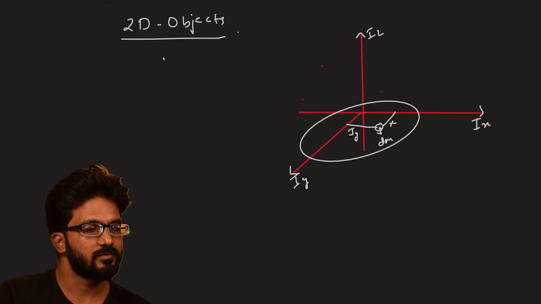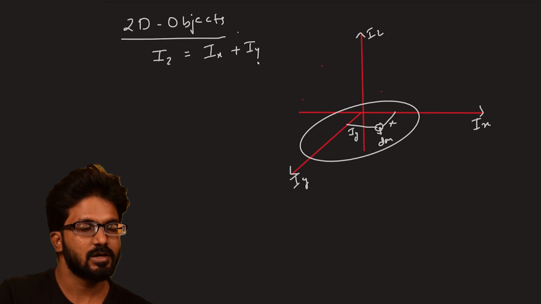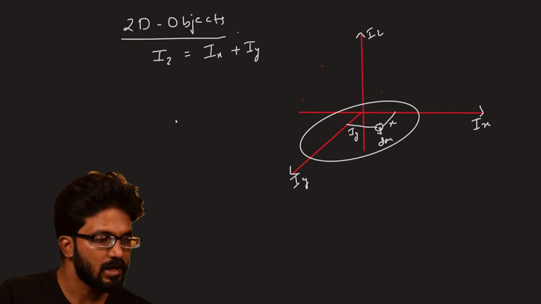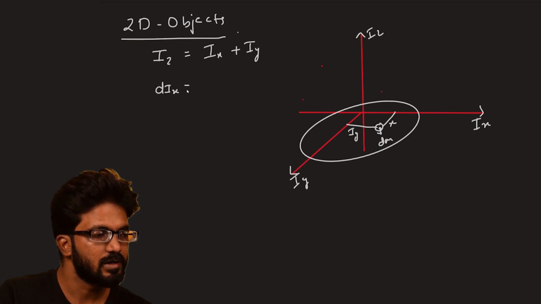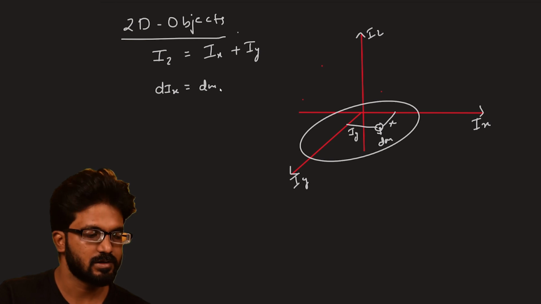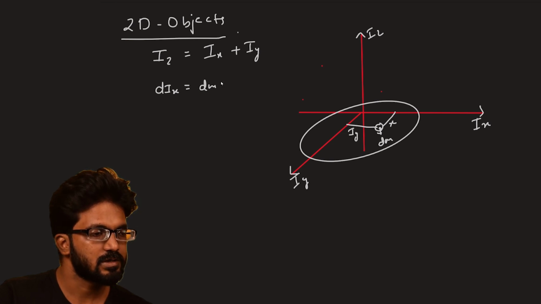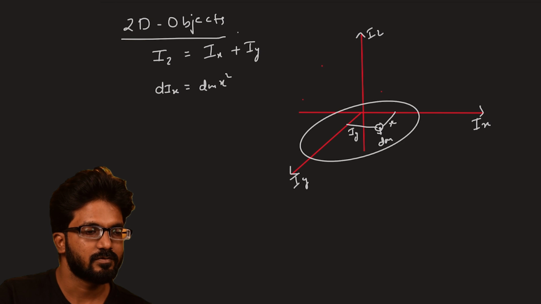According to the perpendicular axis theorem, Iz = Ix + Iy. Here a small mass dm can be represented as dIx = dm x², because this is at a distance of x from the x-axis. Then dIy can be represented as dm y².